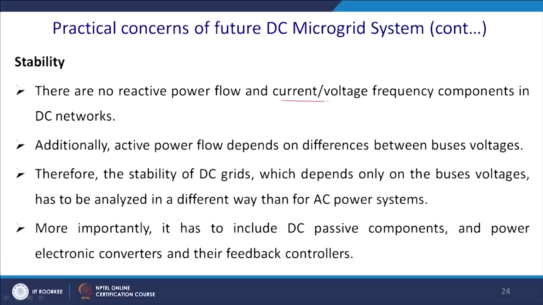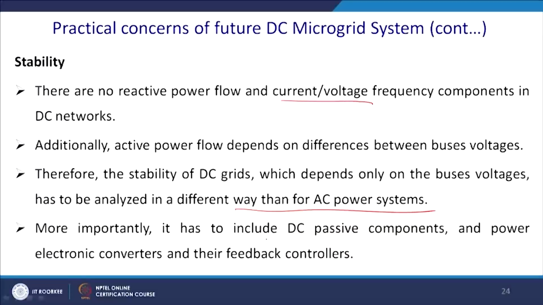So, stability is an important parameter. There is no reactive power flow, and no current and voltage frequency component in the DC network. So, only the voltage control matters and the protection matters. Additionally, active power flow depends on the difference between the bus voltages, so bus voltage control will control the active power, and therefore the stability of the DC microgrid, which depends only on the bus voltages, has to be analyzed in a different way than for the AC power system, which we used to do in a traditional load flow analysis.